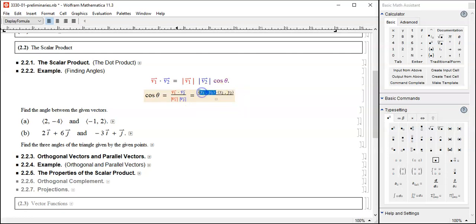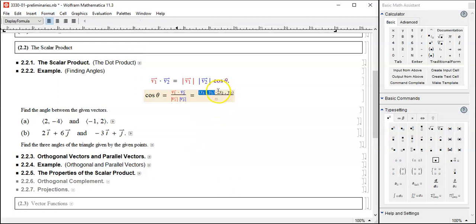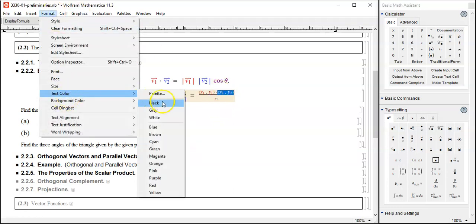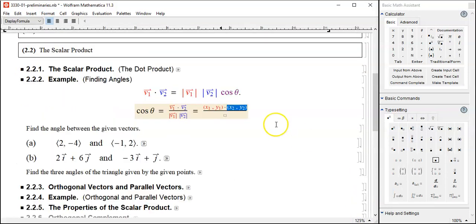And let's see. This is V1, so this is red. And this is V2, this is blue. By the way, why am I doing this? Let me expand the font. Okay, that's a lot easier.